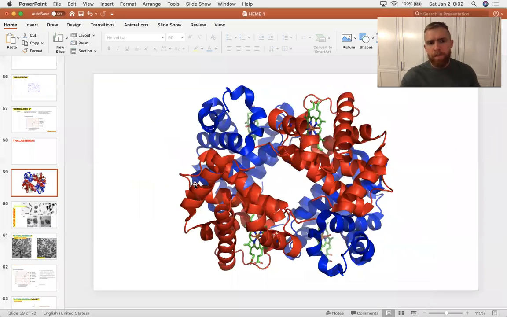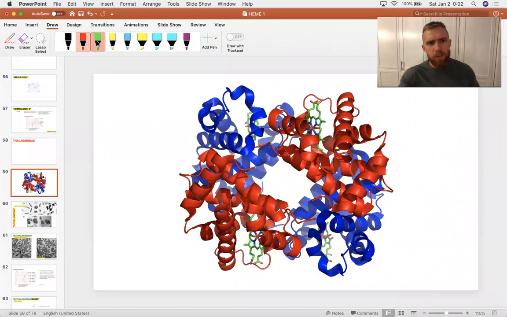Here's hemoglobin, 2 alpha chains in red, 2 beta chains in blue. And then here in green, what's this molecule? That's heme itself. Heme is a protoporphyrin ring synthesized from glycine and succinyl-CoA with a molecule of iron in the middle.